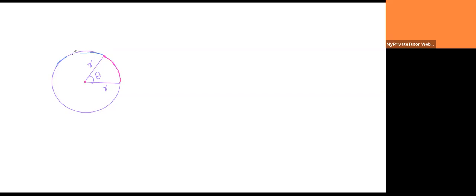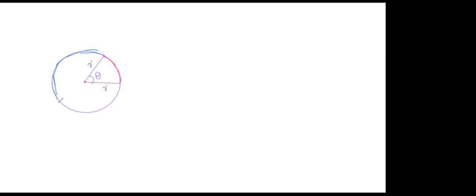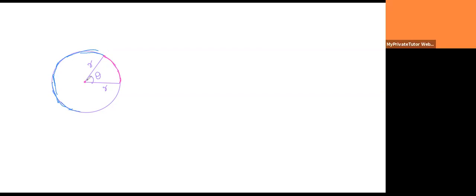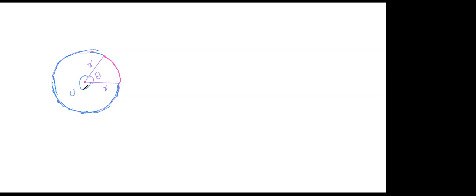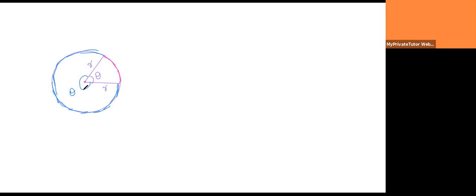This is also an arc. For the blue angle theta, that's the bigger angle. So as the arc gets bigger, the angle also gets bigger. We are not concentrating on the blue arc now. Let's concentrate on the smaller arc.